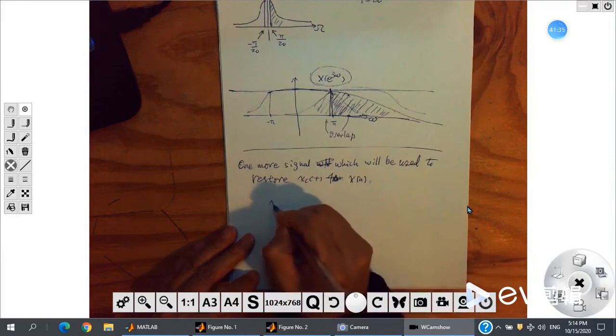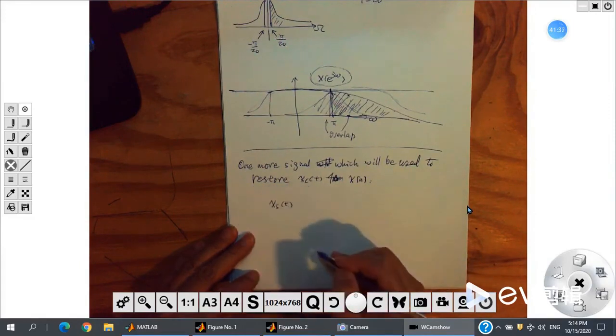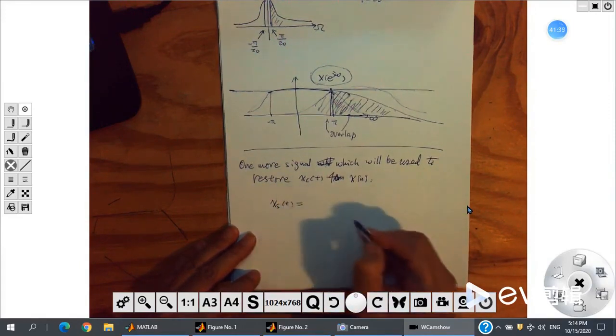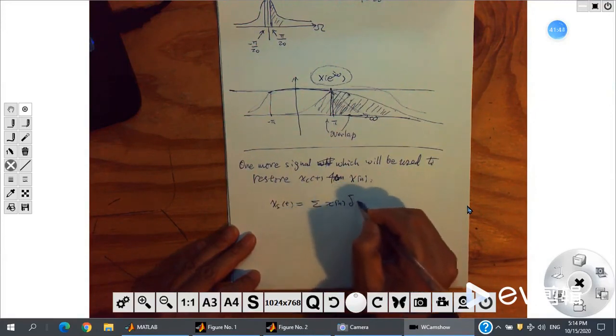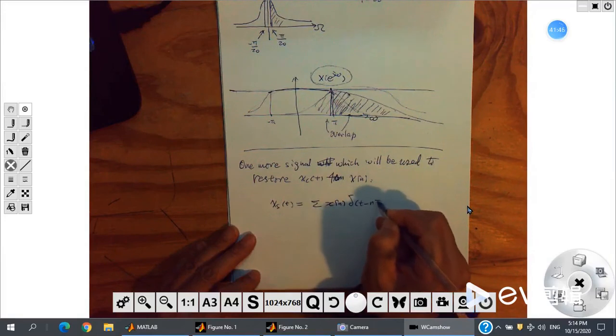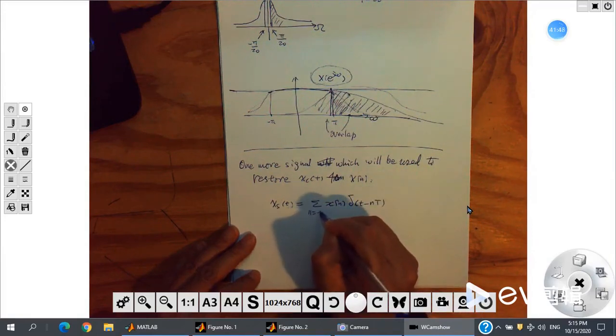That is x_s(t). x_s(t) is a summation of x[n] times delta of t minus nT, running from negative to positive infinity.